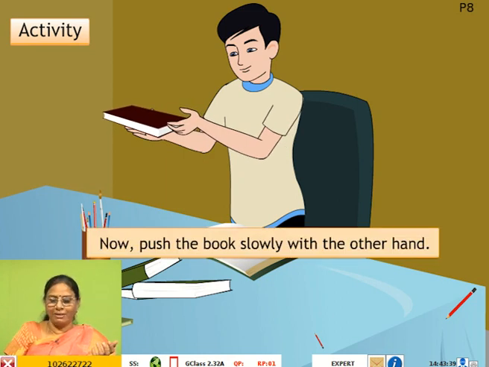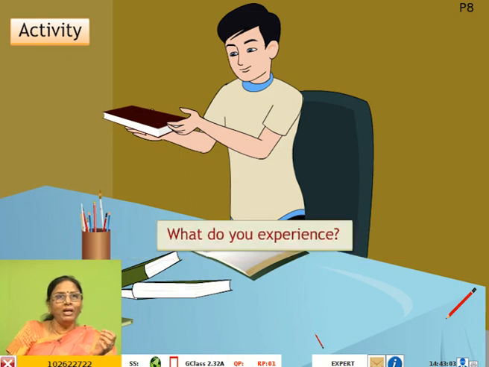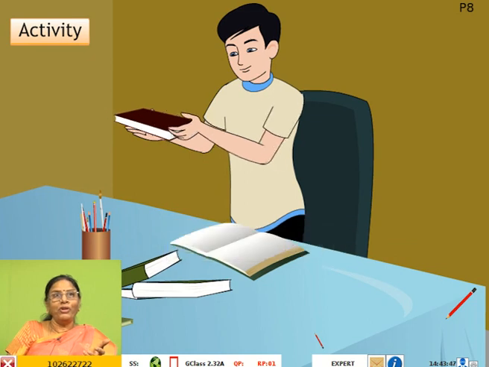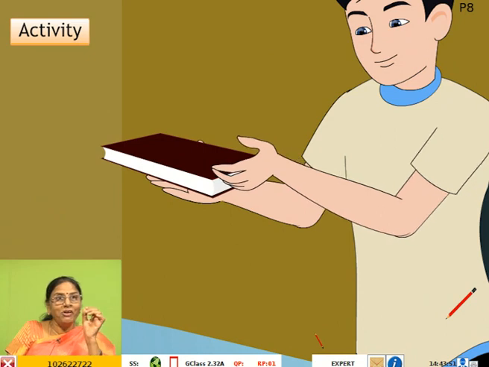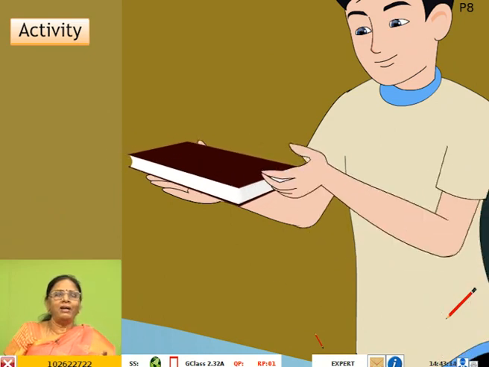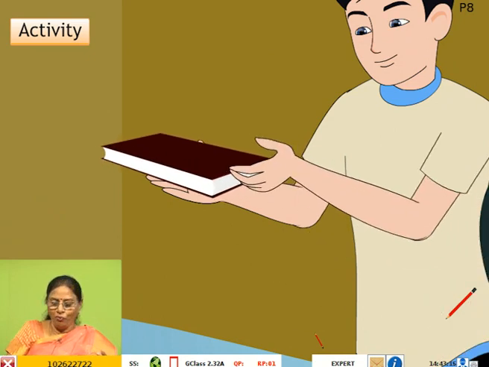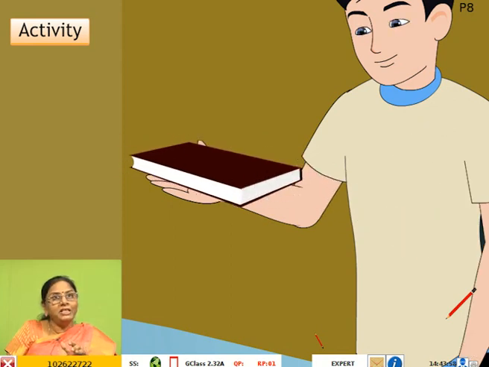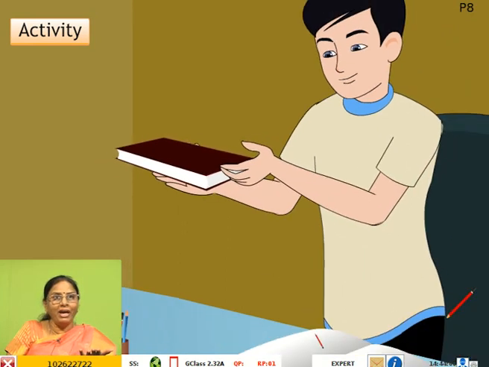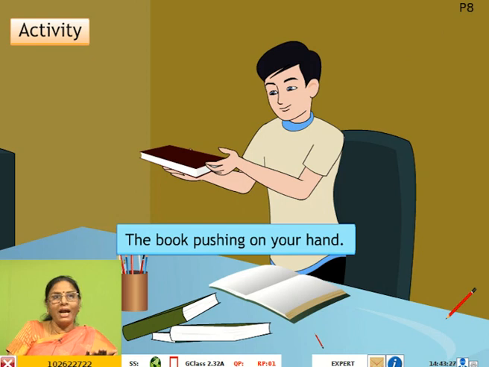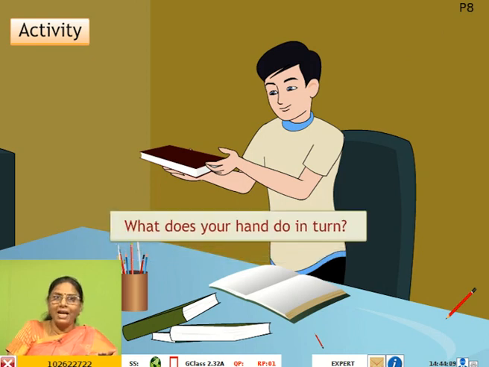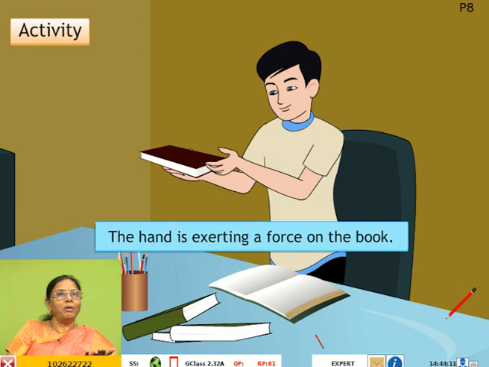You feel that the book is pushing on your hand. Just slowly move it and feel it. And in turn, what is your hand doing? Yes, the hand is also pushing on your book.